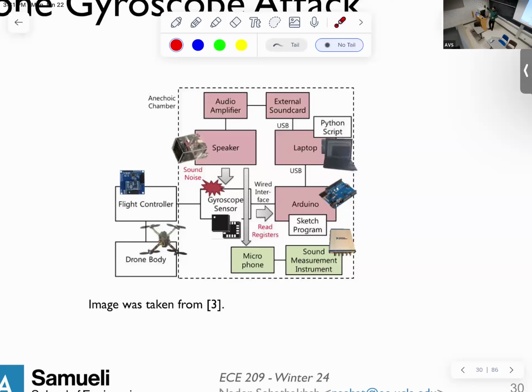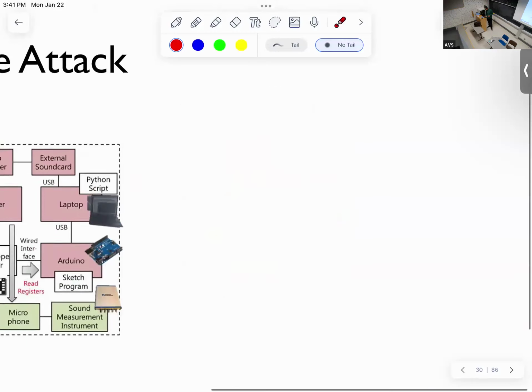But this sound creates a specific audio signal that forces the gyroscope to resonate. Okay, so it's a specific frequency. These sounds are powerful enough and at a specific frequency that causes the resonance in the gyroscope. The result of that is that the system crashes.